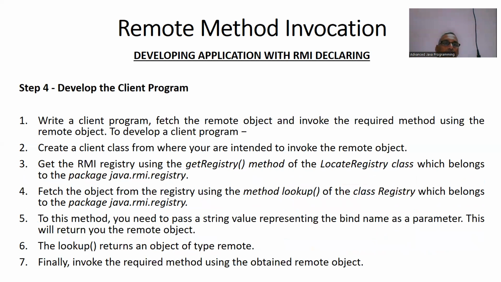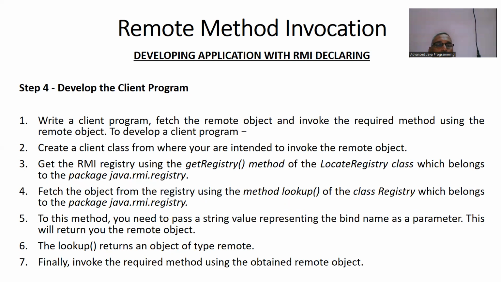Step 4, develop the client program. Write a client program, fetch the remote object and invoke the required method using the remote object. To develop a client program, create a client class from where we intend to invoke the remote object. Get the registry using the LocateRegistry class, which belongs to the package java.rmi.registry.